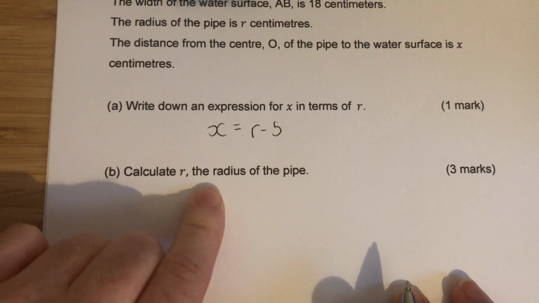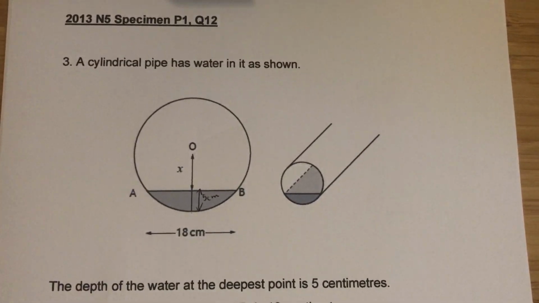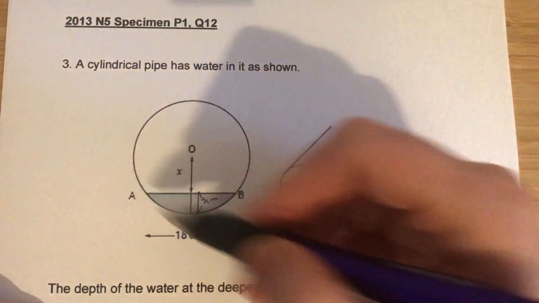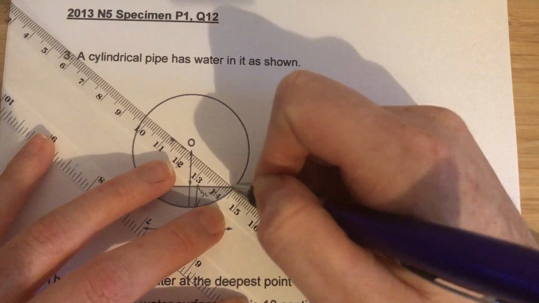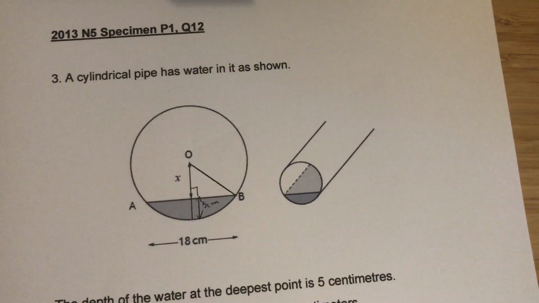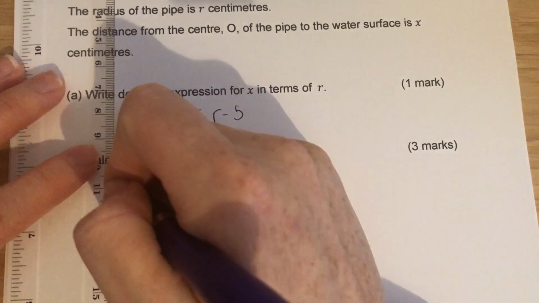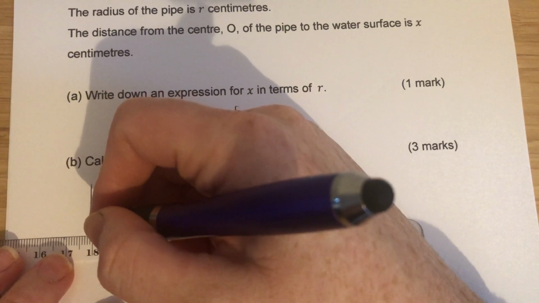Next one, calculate r, the radius of the pipe. So let's look at what we've got. Again, we know we're looking for a length. We've got that circle with the chord, so you're instantly thinking of what I was talking about before, where we have this right-angled triangle created with the radius. So let's just draw this triangle out at the bottom and see what we can do to find our missing side.